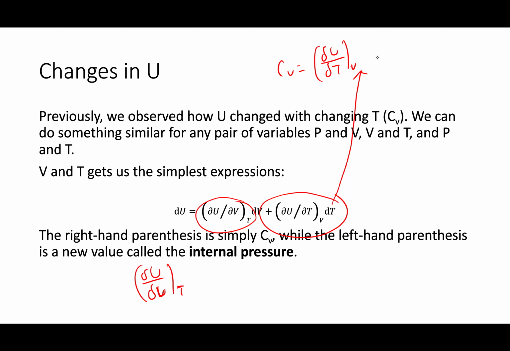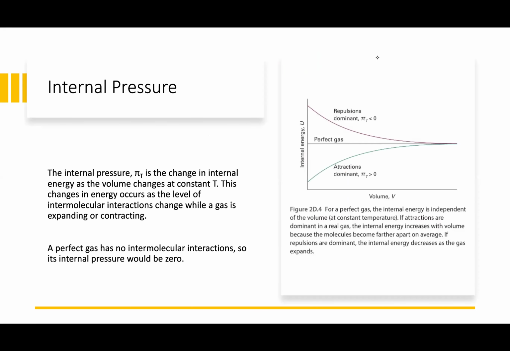I'm trying to make my V's and U's more distinct. Sometimes it's hard, I go really fast. But this new thing is going to be internal pressure. This internal pressure has the symbol pi sub T. This is the change in internal energy as the volume changes at constant T. So pi sub T is the change in U over the change in V at constant temperature.